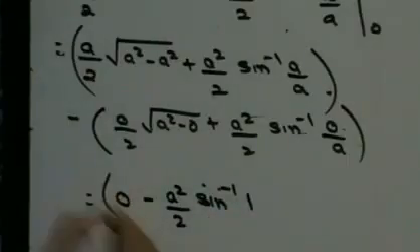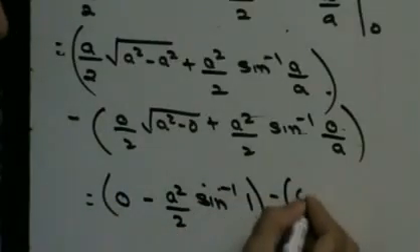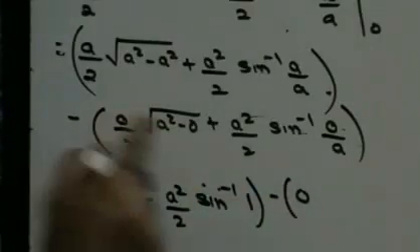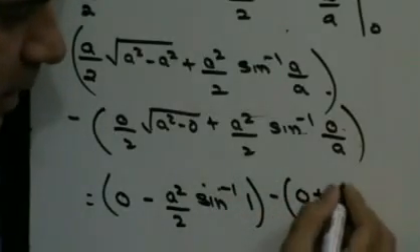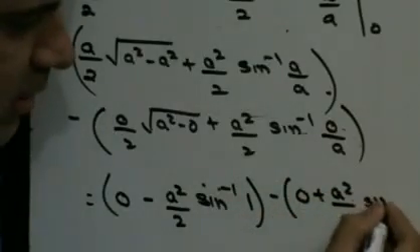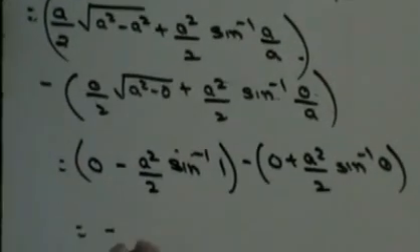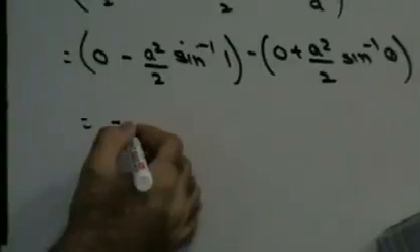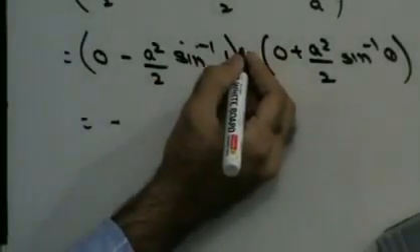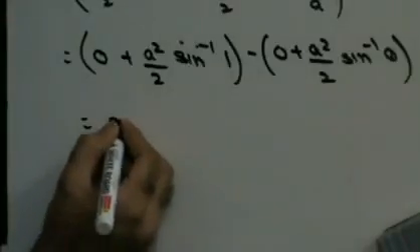That is 1, minus anything multiplied by 0 is 0, plus a square by 2 sine inverse of 0. Now, this is going to be minus that much. This can be written as a square by 2 sine inverse of 1.